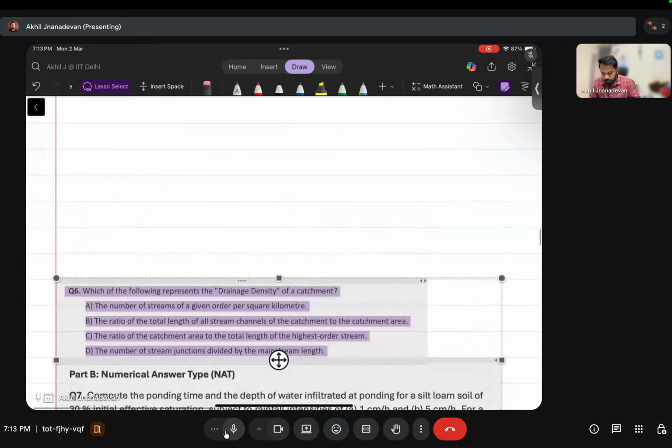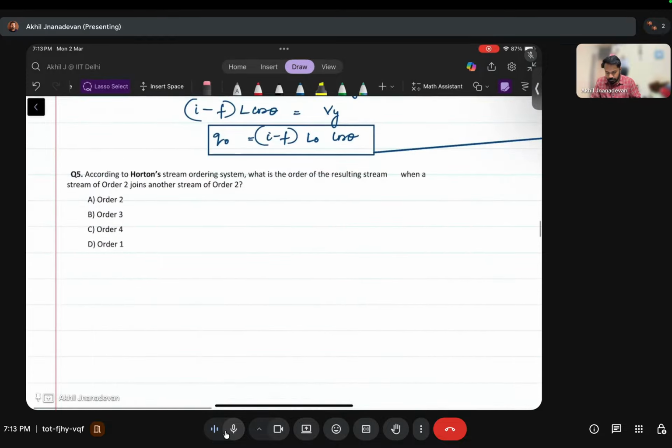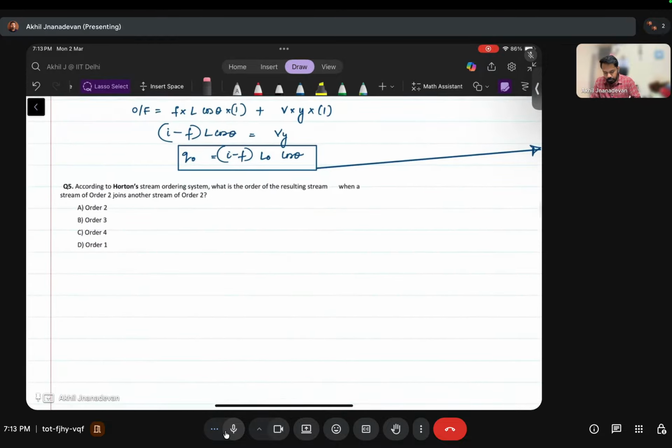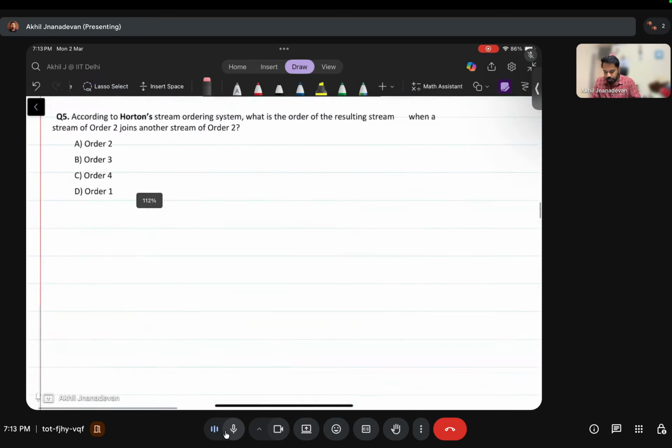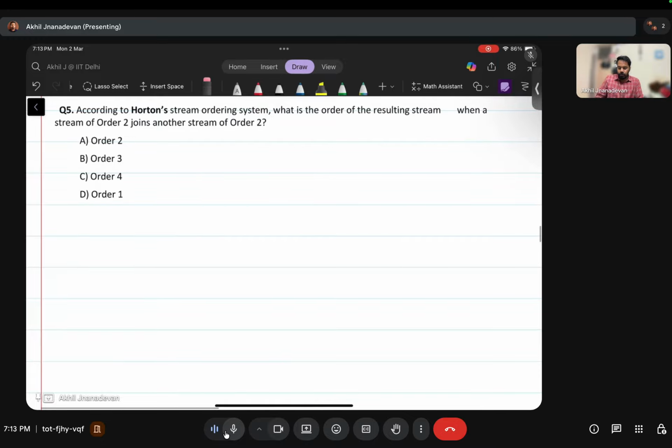The next question is: according to the Horton stream ordering, what is the order of streams when an order two stream joins another order two stream? So this is a simple question. I already showed you what a catchment is.